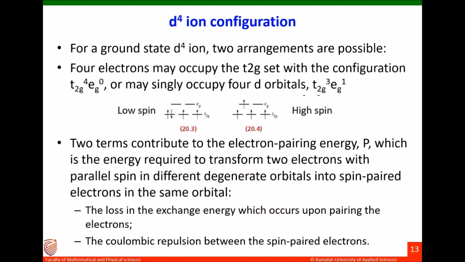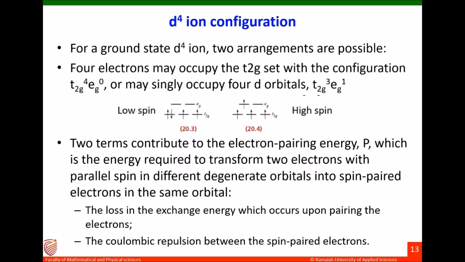If there is a forced pairing, that means all the electrons are in T2g, that means it is energetically preferable to pair the fourth electron in T2g, then electron pairing energy also comes into the picture. We call it a term P, which is the energy required to transform two electrons with a parallel spin in different degenerate orbitals into spin paired electrons in the same orbital.